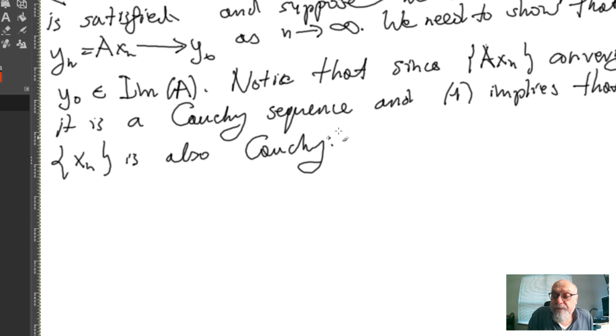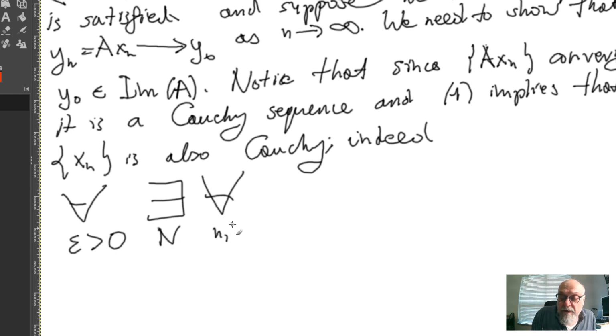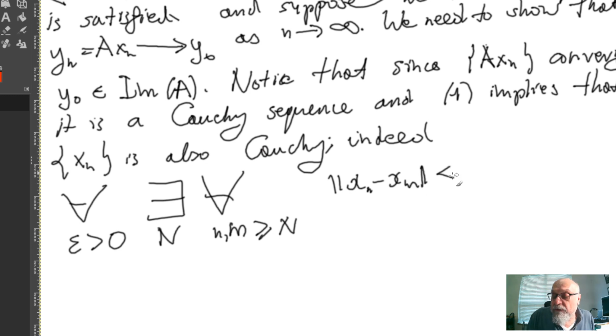Indeed, for every epsilon larger than 0, there exists an N such that for every n and m larger or equal to N, we have that the norm of x_n minus x_m is smaller than constant C times the norm of A of x_n minus A of x_m.